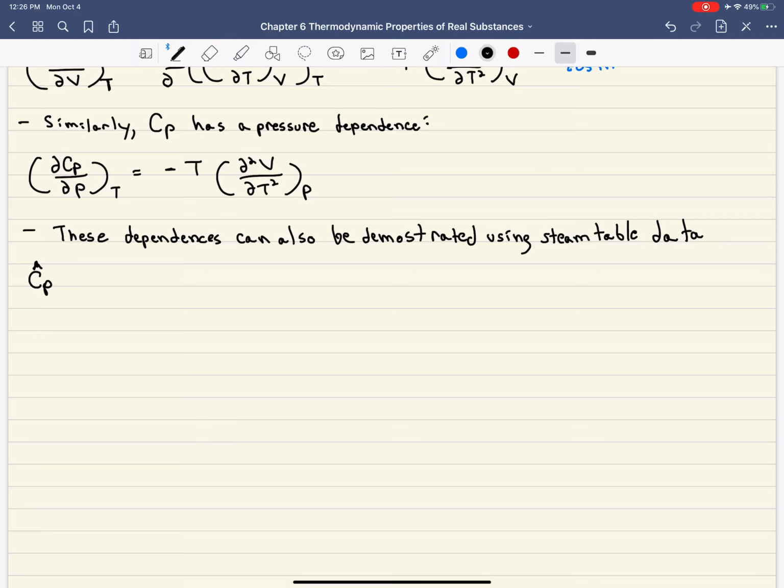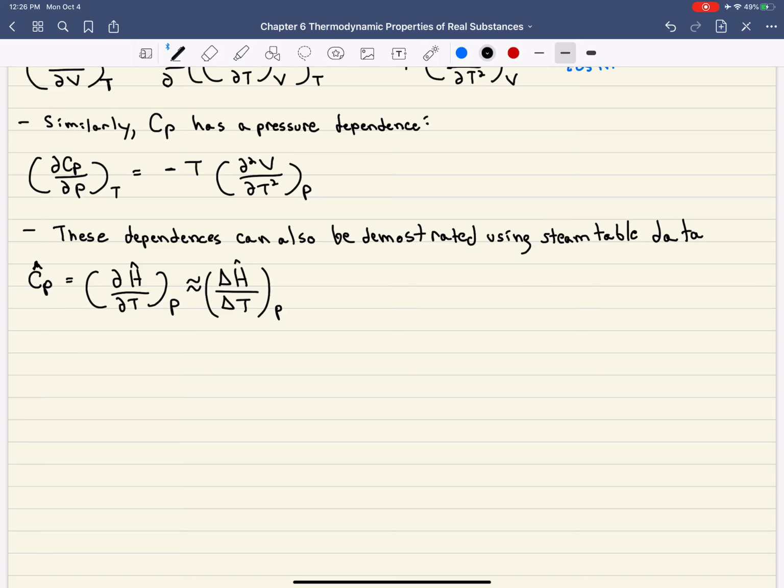Heat capacity per kilogram. By definition, we know that this is just equal to the partial derivative of the specific enthalpy with respect to temperature at constant pressure. Okay? So we have these partial derivatives here. But what we could do is approximate these partial derivatives as the change in specific enthalpy over some delta T held at a constant pressure.